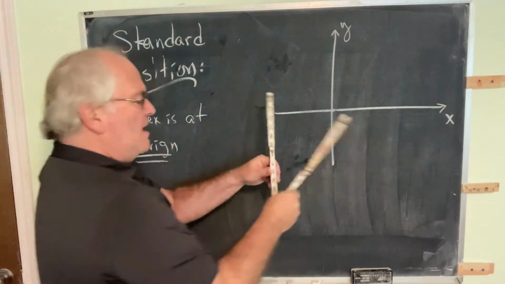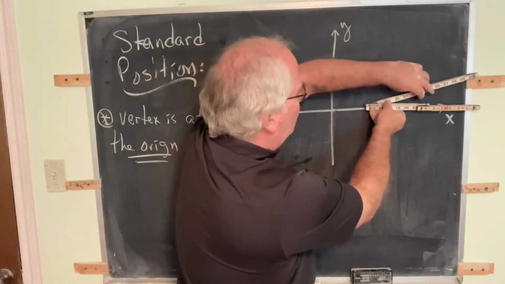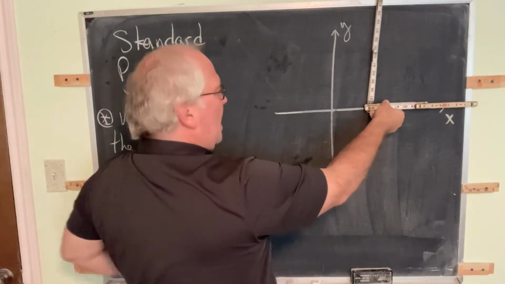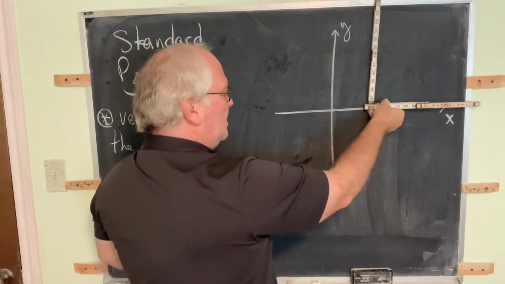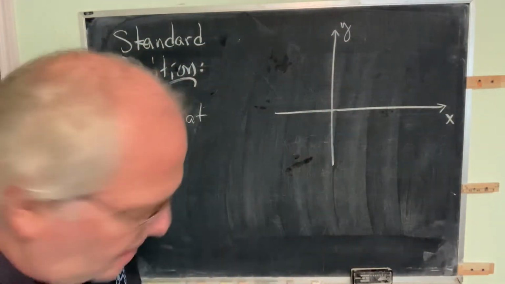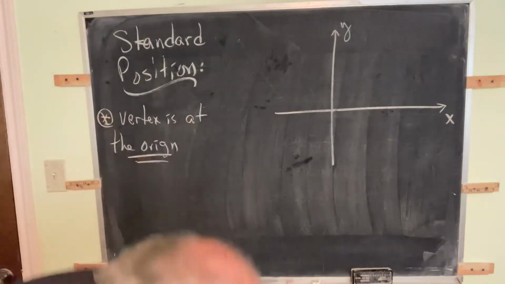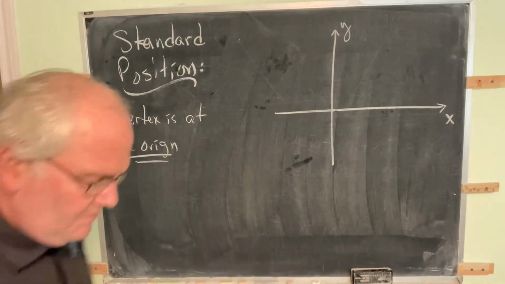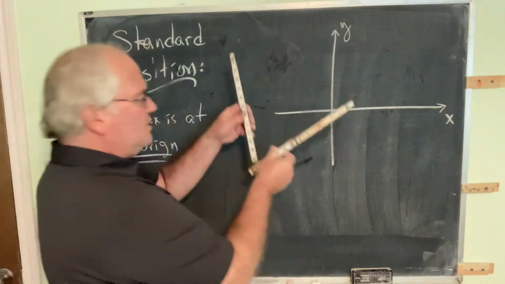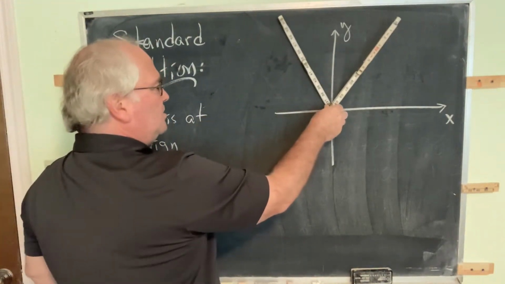Suppose I have this angle and rotate it here. Again, it's not in standard position because the vertex is not at the origin. So what is required is that the vertex must lie at the origin. Here's an angle. So far, so good.